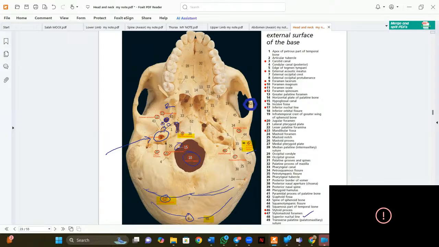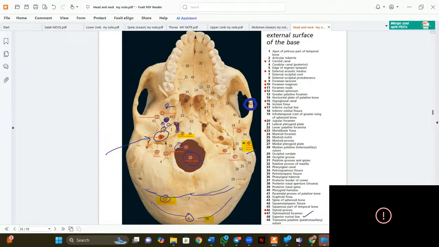Then come first foramen ovale, next to it foramen rotundum, then little medially, not foramen spinosum. Because it is spinosum, not rotundum. Foramen ovale, then foramen spinosum. Okay. Then carotid canal.